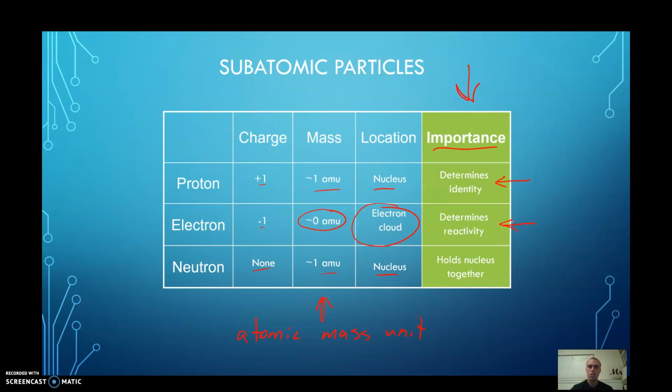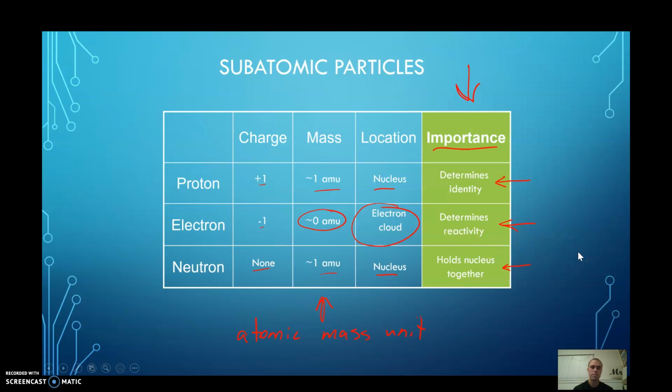Electrons determine the reactivity. The number of electrons in the electron cloud is going to dictate how reactive these atoms are. And a neutron is important because when we get to talk about nuclear chemistry, large nuclei can be very unstable, and so neutrons help to hold atoms together, basically.